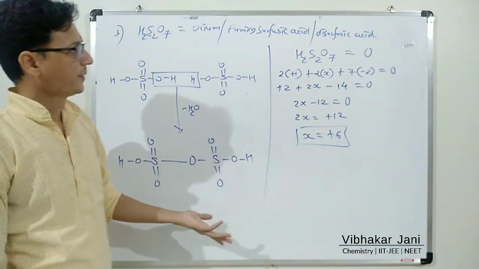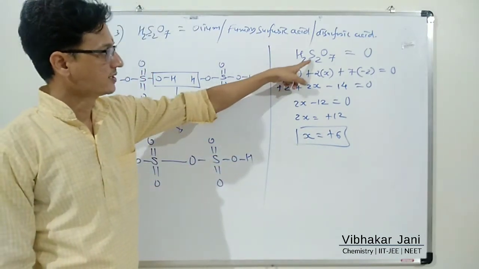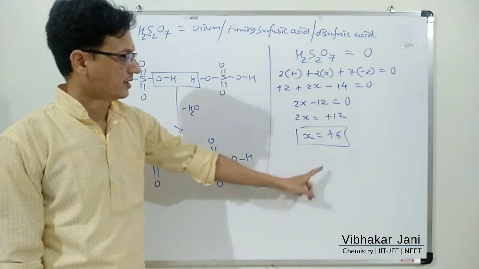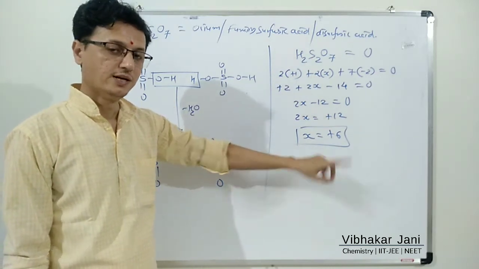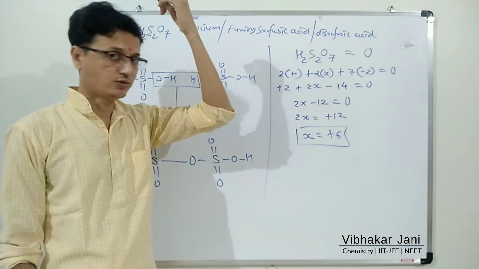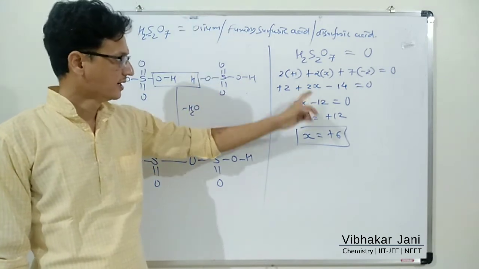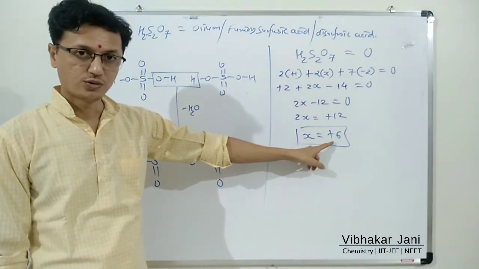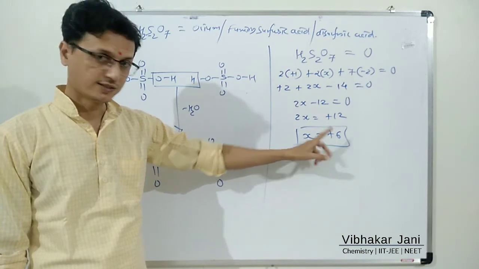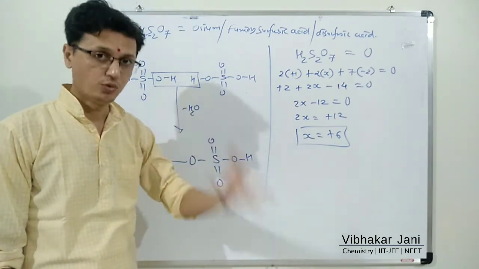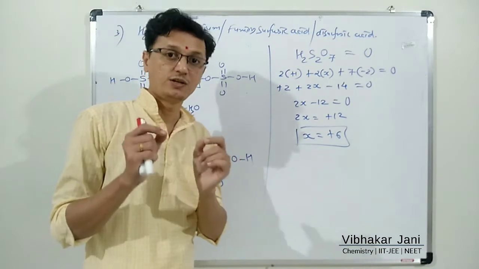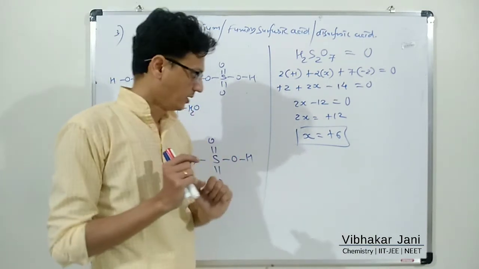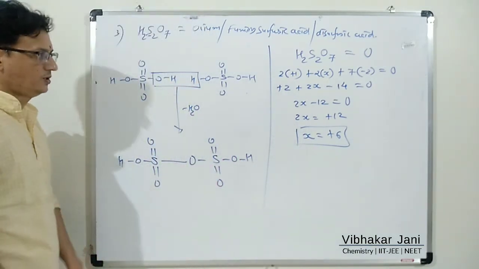So here also in oleum, the oxidation state of both sulfurs is +6. Peroxymonosulfuric acid, oxidation state of sulfur is +6. Disulfuric acid or oleum, oxidation state of sulfur is +6. We will see one more example in which the word sulfuric acid will be there. So just pause the video and write down this.